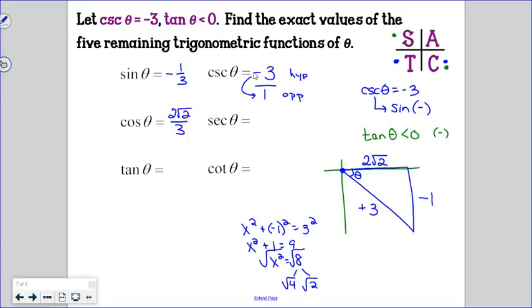Jordan, I'll take tangent when you're ready, and Peyton, cotangent. I feel like you might have given me cotangent. Is that what you had for cotangent?